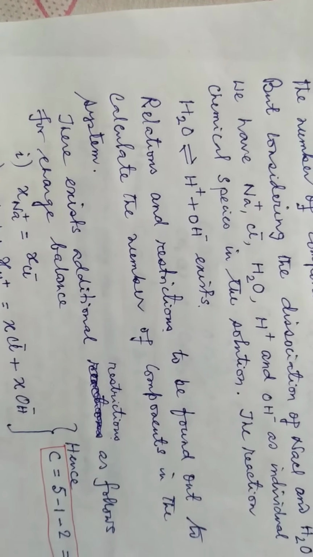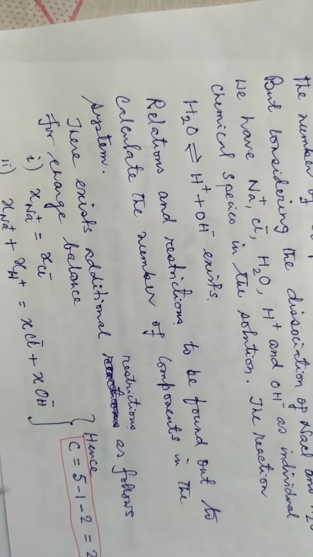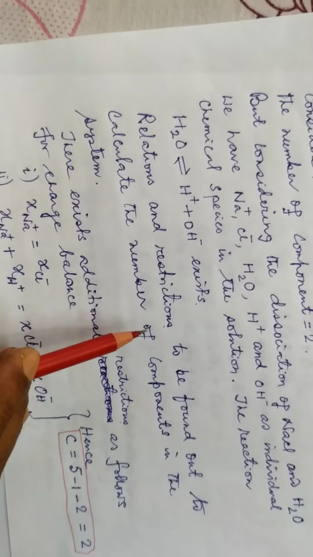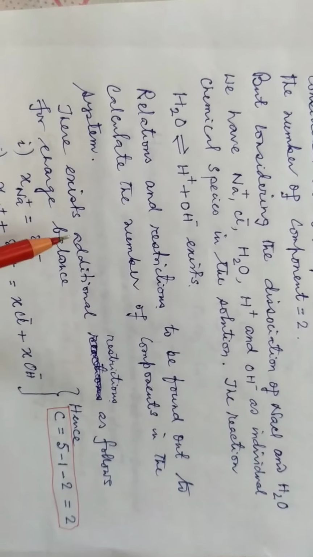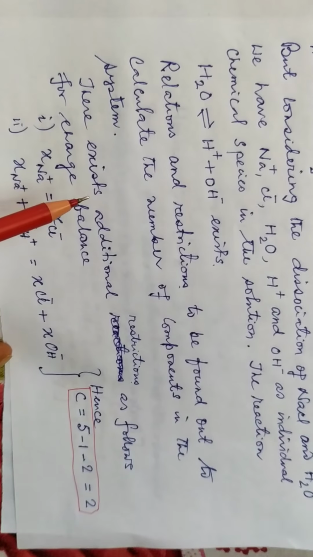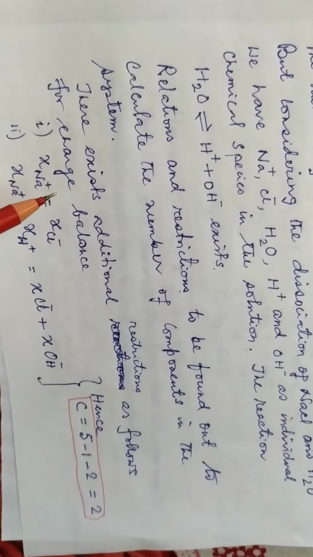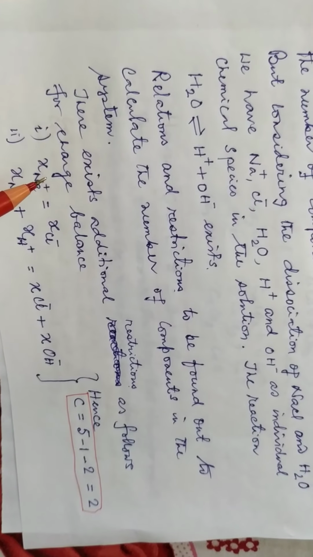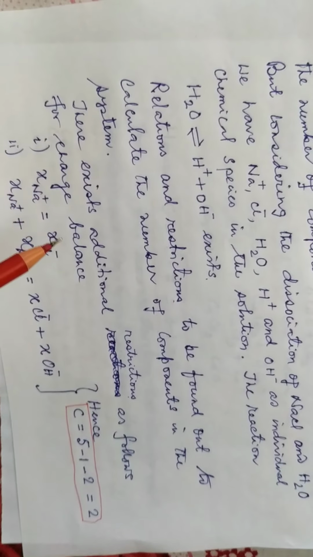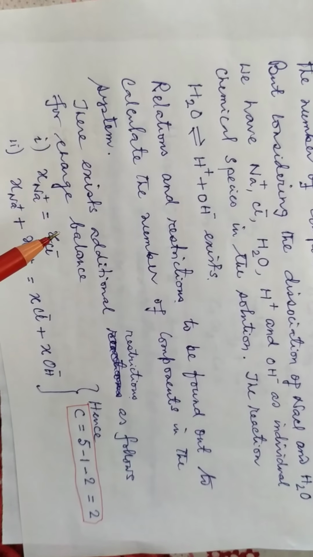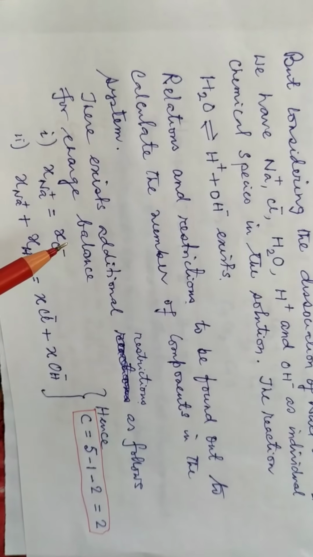Relations and restrictions have to be found out to calculate the number of components in the system. Now it is our job to find out the number of components in the system. We have to find out the relations and restrictions. There exist additional restrictions as follows. The concentration of sodium ion and the concentration of chloride ion will be the same, because 1 mole of sodium chloride will give 1 mole of sodium ion and 1 mole of chloride ion.